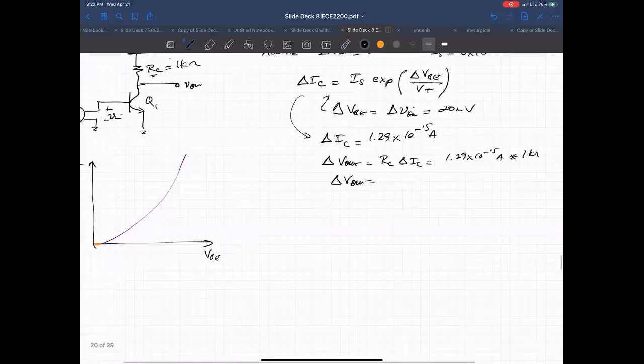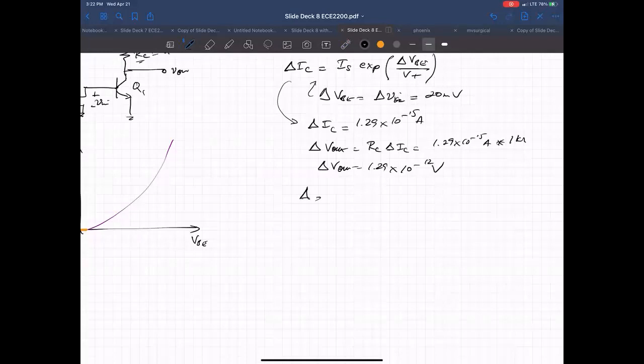Okay, so remember the definition of the gain is change in output level over the change in input level. So the output level is 1.29 times 10 to the minus 12, and the input is 20 millivolts. And this is essentially 0.